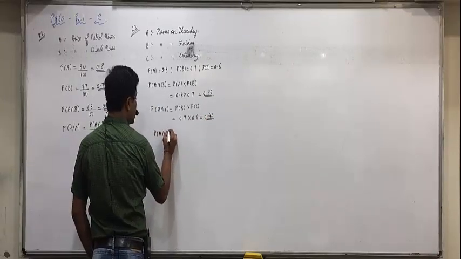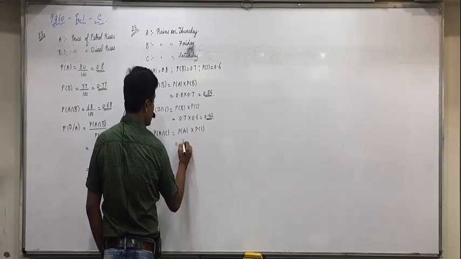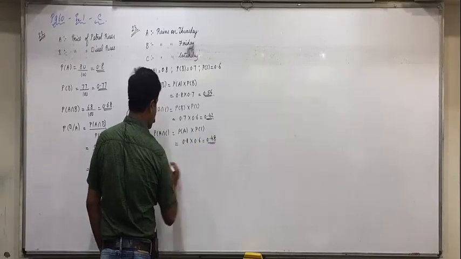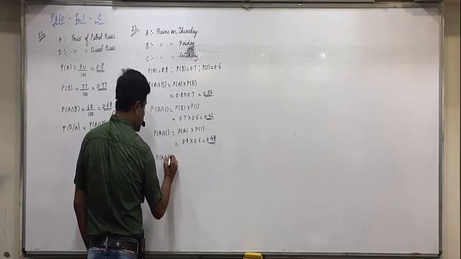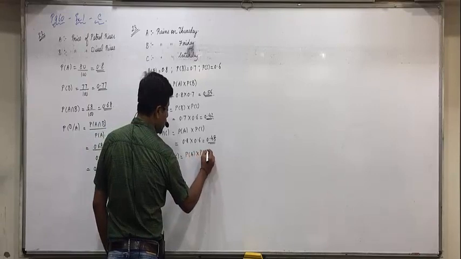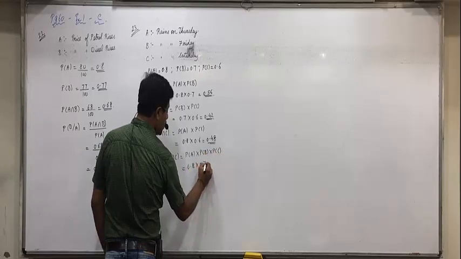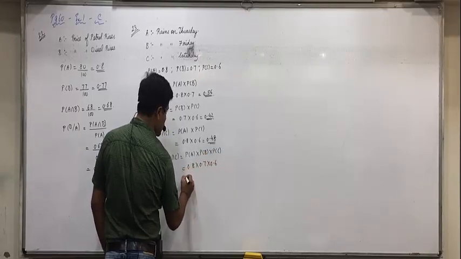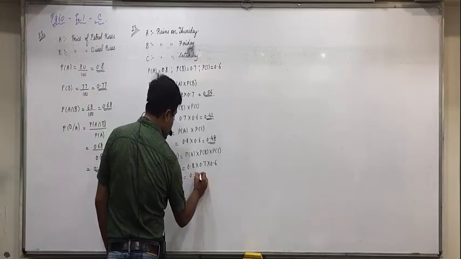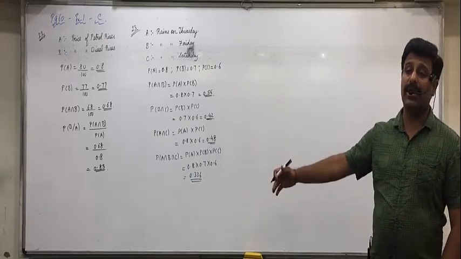P of A intersection C, P(A) into P(C), 0.8 into 0.6, 0.48. And P of A intersection B intersection C, P(A) into P(B) into P(C), 0.8 into 0.7 into 0.6, 0.336. Is everyone clear with this? Because all the events are independent.